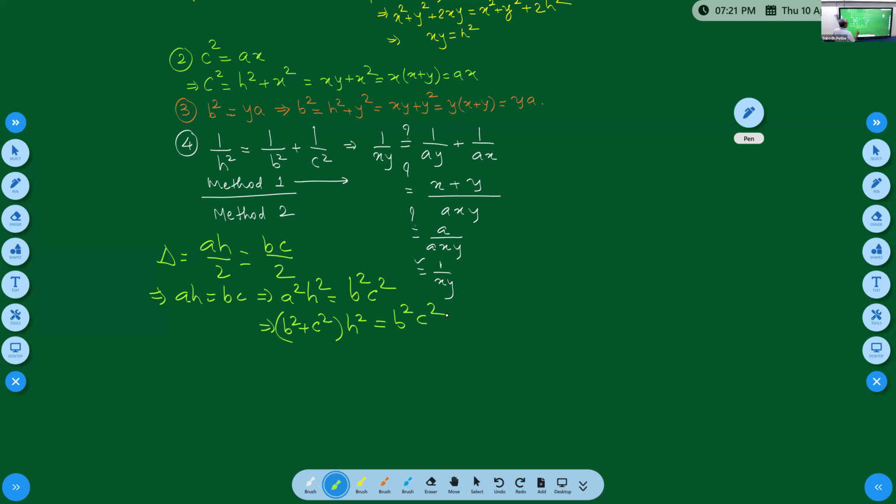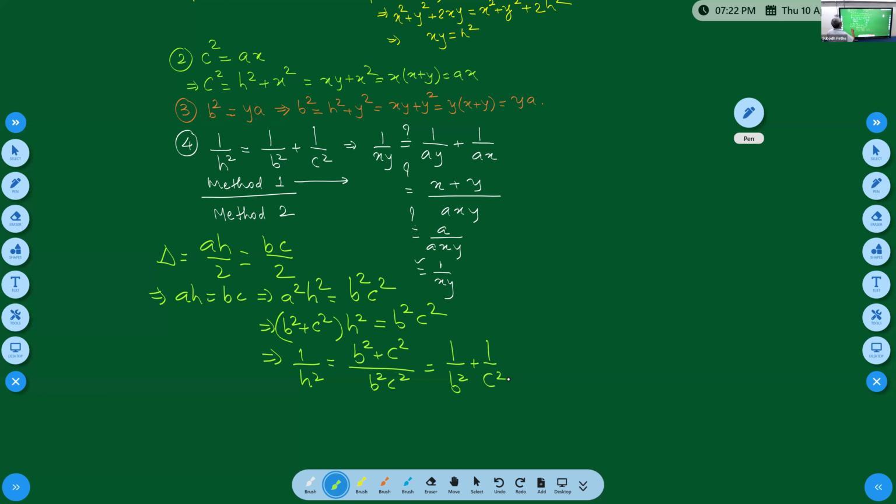Therefore, 1 upon H square is equal to B square plus C square upon B square C square, which is 1 upon B square plus 1 upon C square.